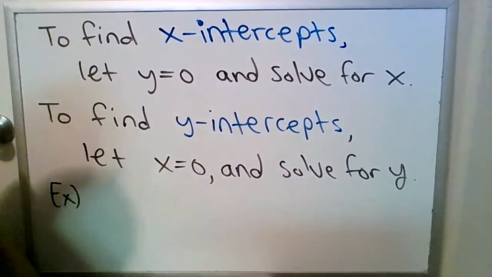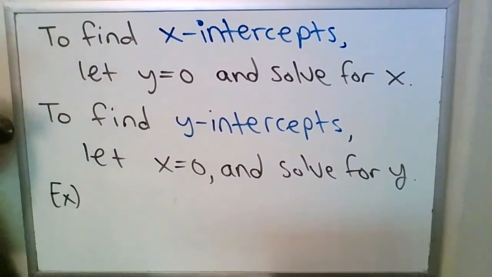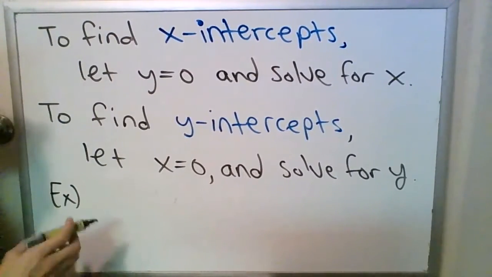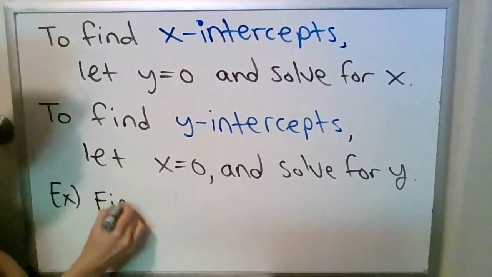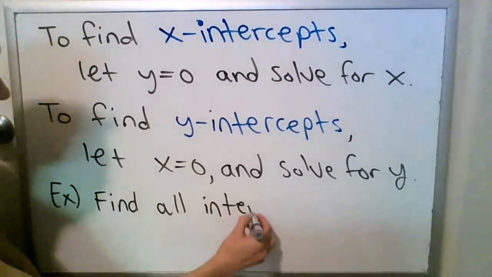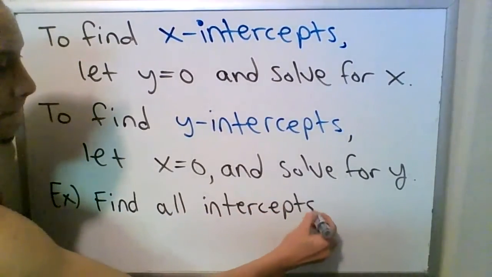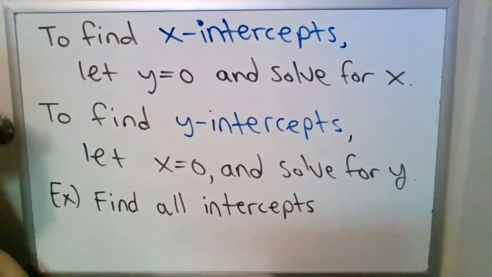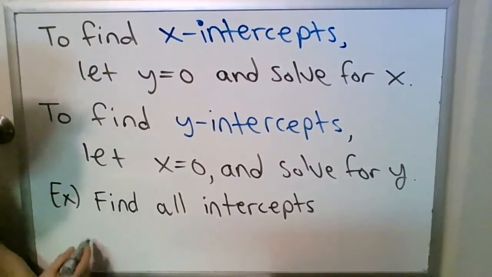All right, I've got find all intercepts of y equals -2x minus 1.